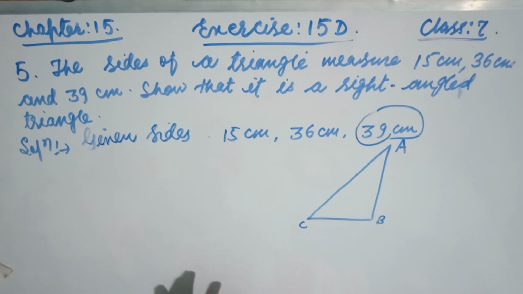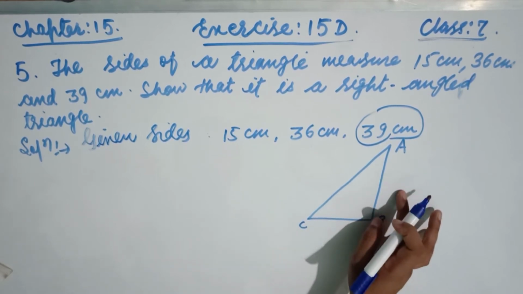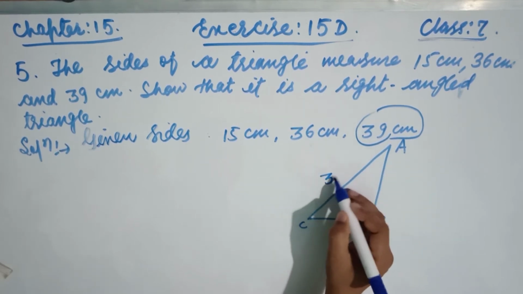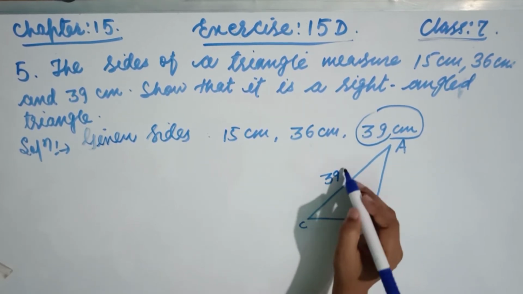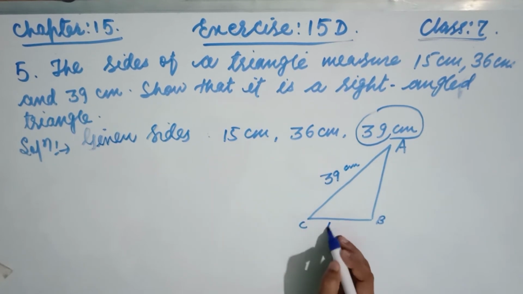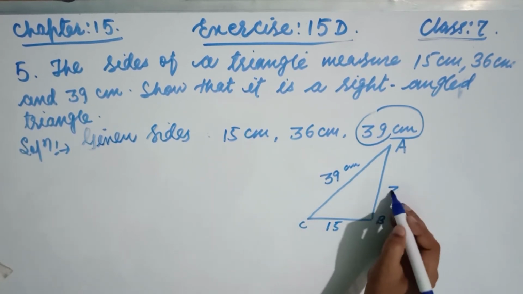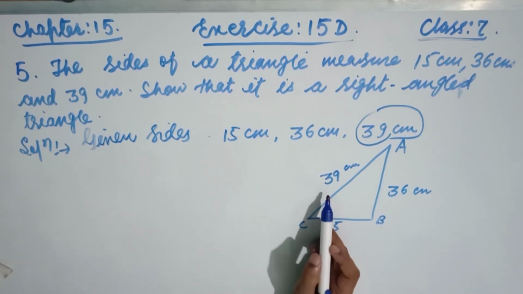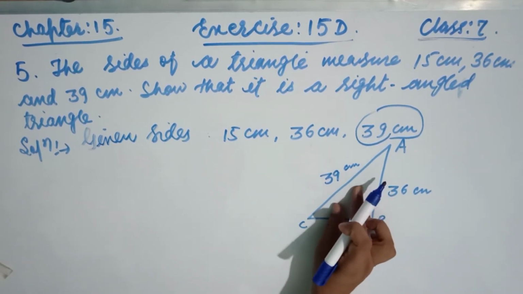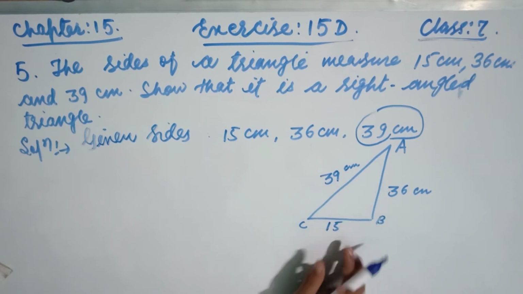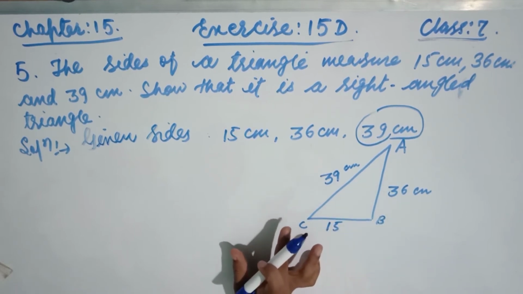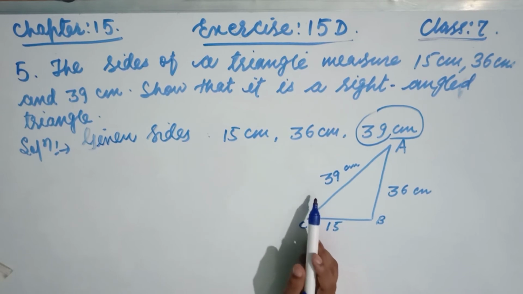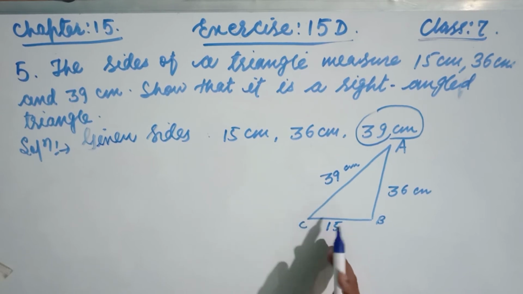Then the other two sides may be greater or less than each other. Suppose this is 39, and this is 15, either this is 36. Now if 39 is the exact hypotenuse, then we can easily verify, that means we can easily fulfill the Pythagoras theorem.